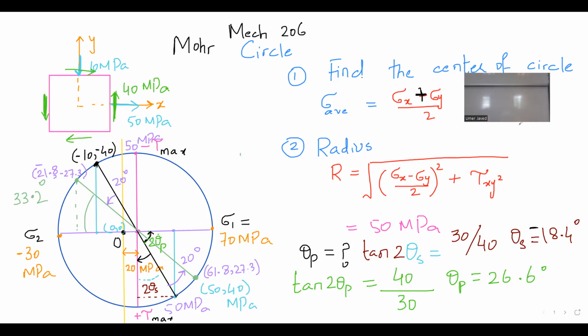You write sigma x prime, sigma y prime, tau x prime y prime, and put theta equal to whatever I have asked. You won't be multiplying that by 2. If theta equals negative 27, put negative 27 there. Theta equal to 49, put 49 there. And within 60 seconds, you will have the answer. But if I specify, do it by Mohr circle, that's one heck of a job, by the way. Then you really have to go through this drill.